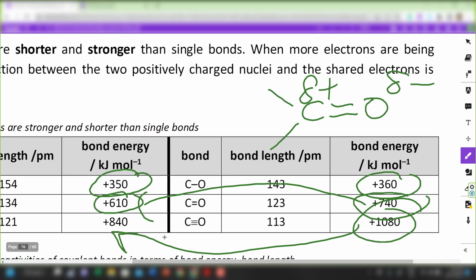This creates a dipole moment, making the oxygen take on a partial negative charge and the carbon a partial positive charge. So these partial charges strengthen the bond in a simplistic way. Although this is not a 100% correct explanation, it's just a simplistic way of viewing why a polar bond tends to be a little bit stronger, but it is good enough for H2.